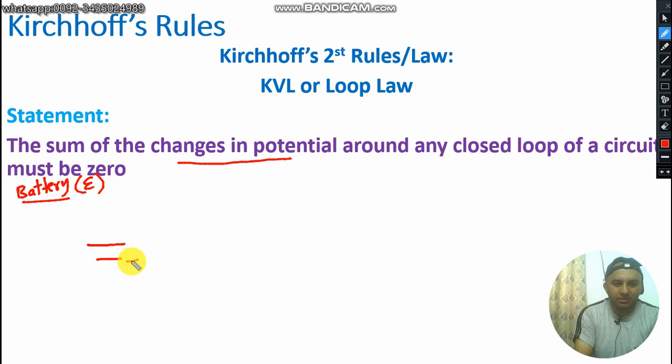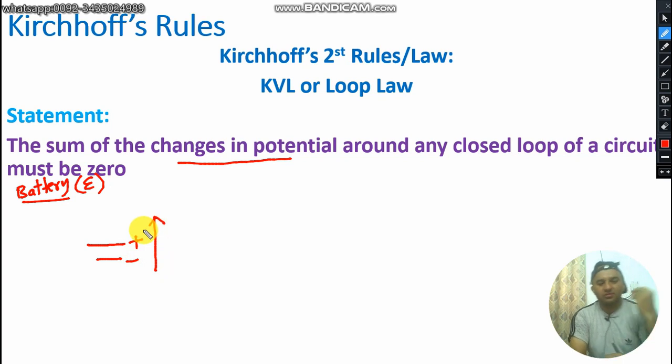This EMF will be positive if we move from the negative towards the positive.